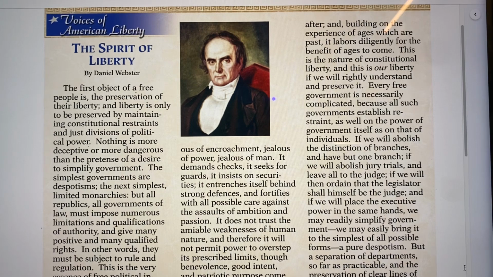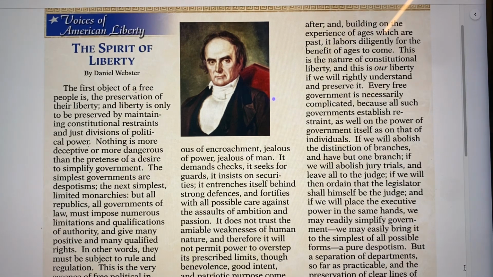He says it does not trust the amiable weakness of human nature. So basically, the spirit of liberty shall not trust amiable human nature, because human nature is deceitfully wicked beyond measure, he says.